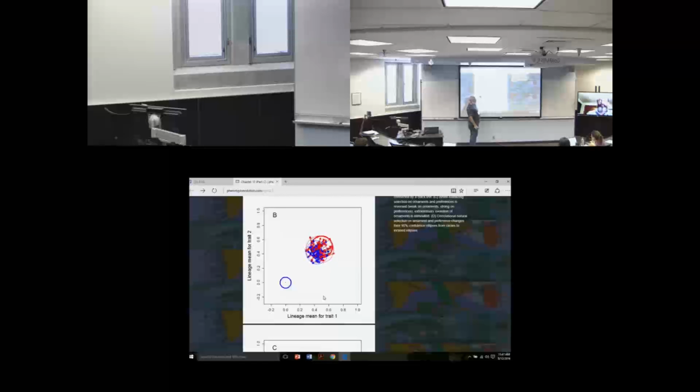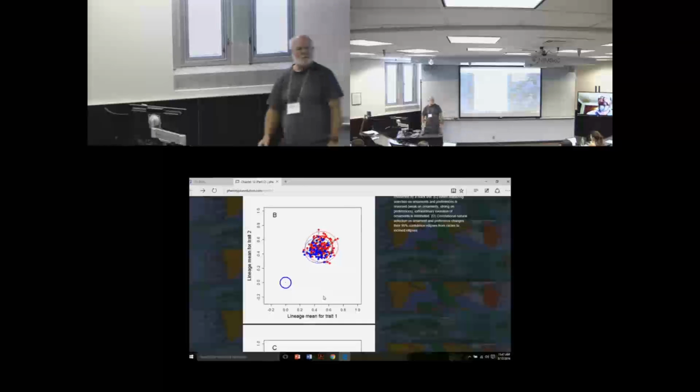Effective population size affects these equilibrium limits. We blast beyond those with preference. So whatever this is a function of, additive genetic variance and effective population size, you can go beyond those limits, whatever they are, with preference.